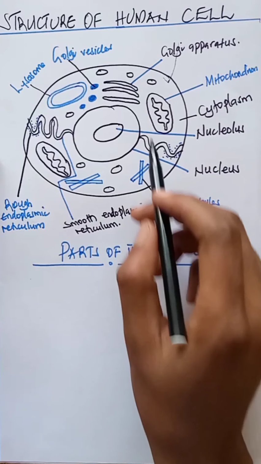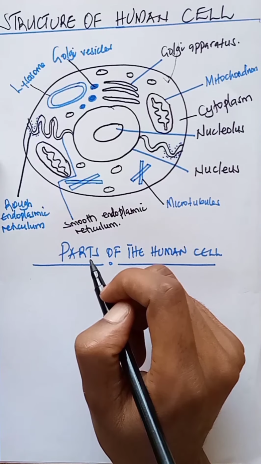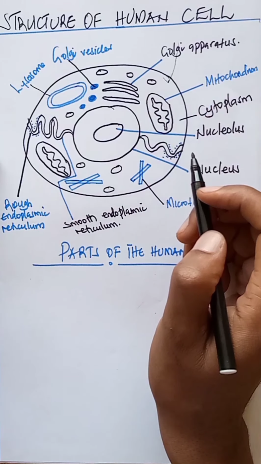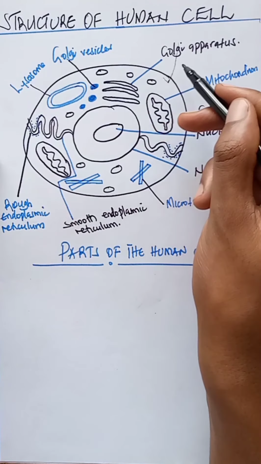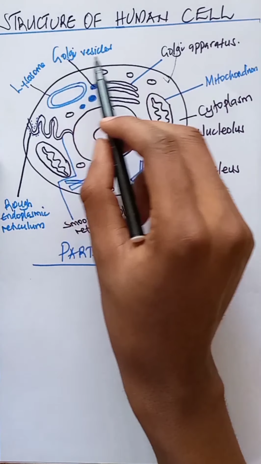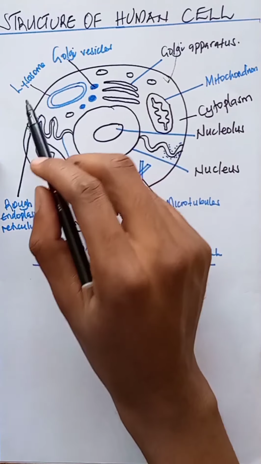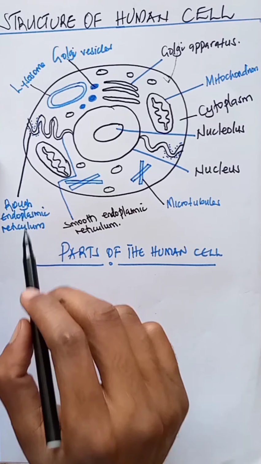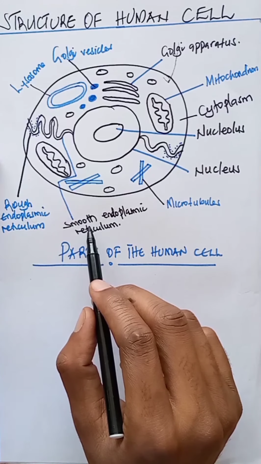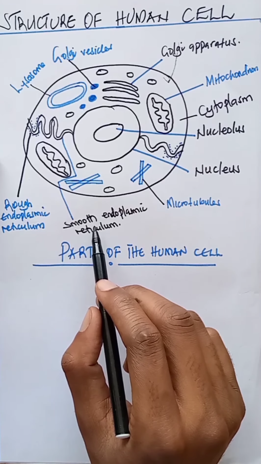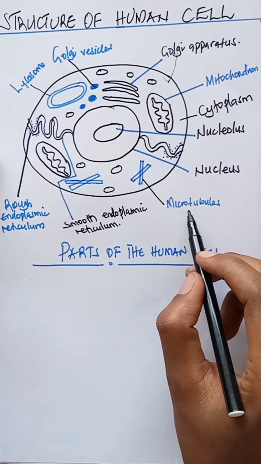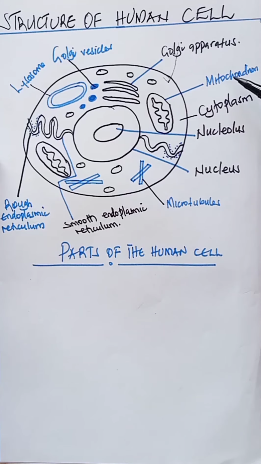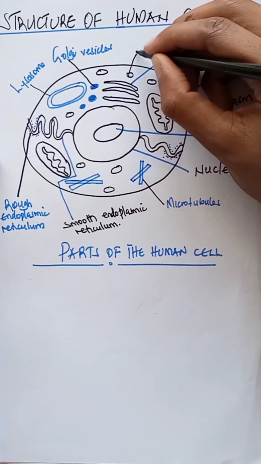The cytoplasm contains various elements. We have the Golgi apparatus, the Golgi vesicles, the lysosome, the rough endoplasmic reticulum, smooth endoplasmic reticulum, the microtubules, the mitochondria, of course, not forgetting the ribosomes.